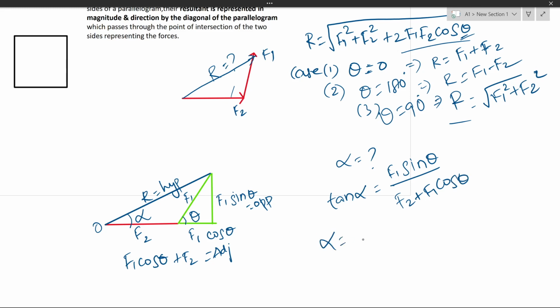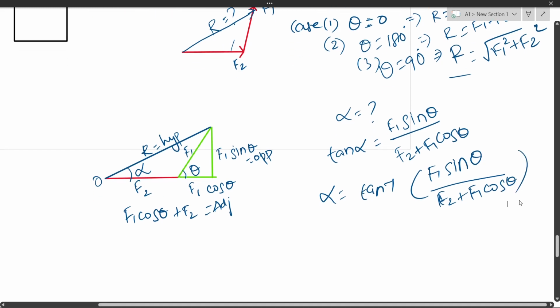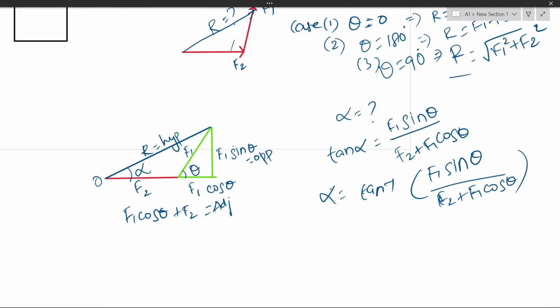So alpha is tan inverse of F1 sin theta over F2 plus F1 cos theta. This is the value to find the angle of the resultant force.